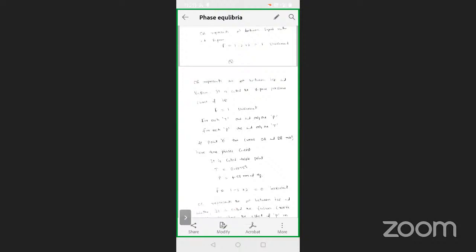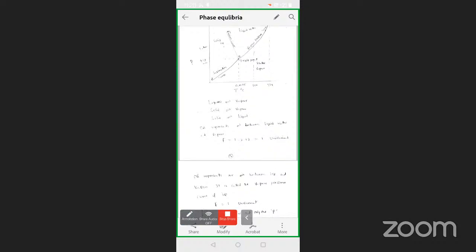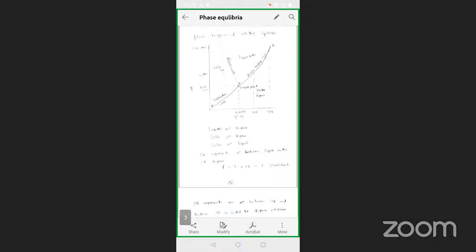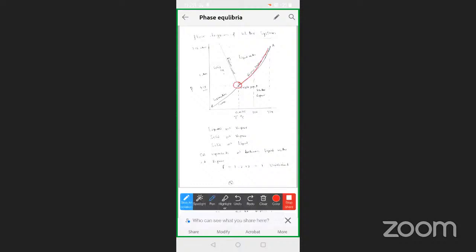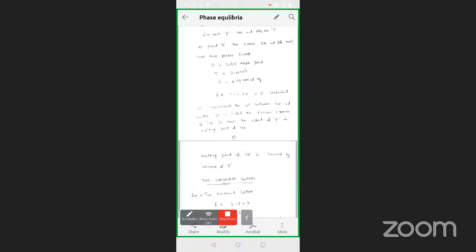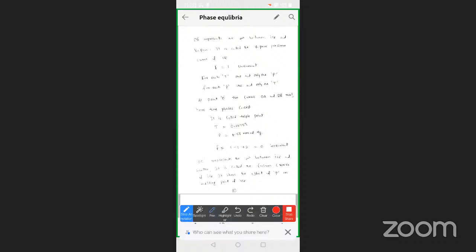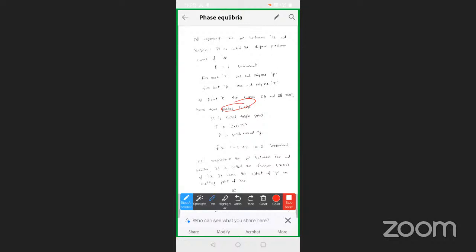And as I said, the point O is the triple point, where OA and OB meet. Here, 3 phases coexist. It is known as the triple point of water.